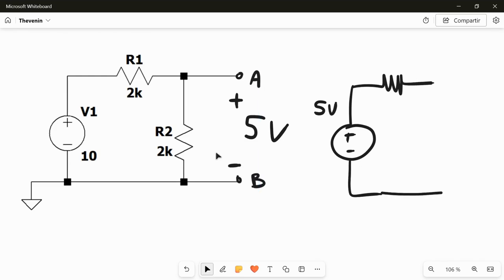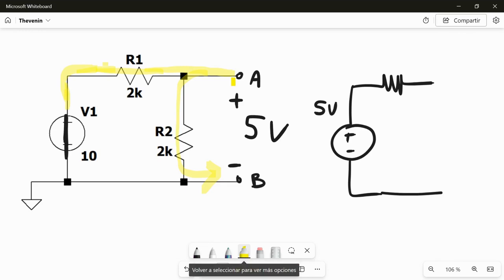will be what we see from point A to point B. So the resistor that we see from A to B, we see here, then split into two, and come back here, then here. We find here the voltage source V1. So we substitute this with a short circuit in the calculation of our equivalent Thevenin resistance.